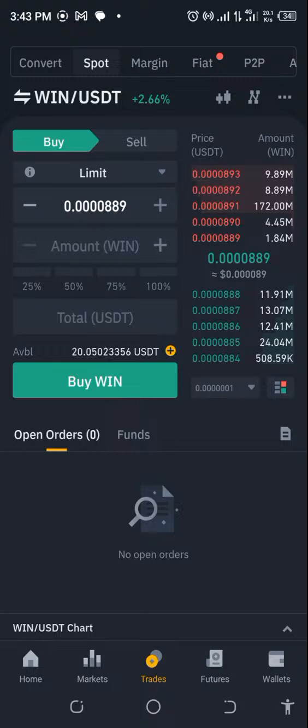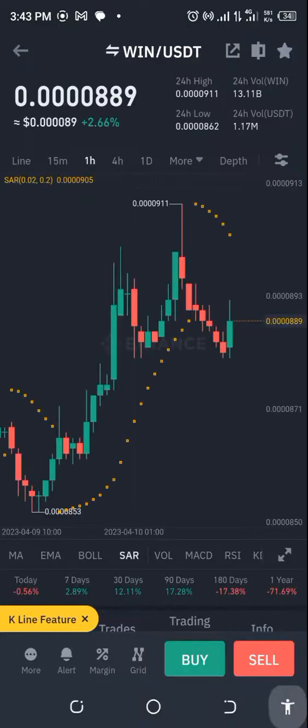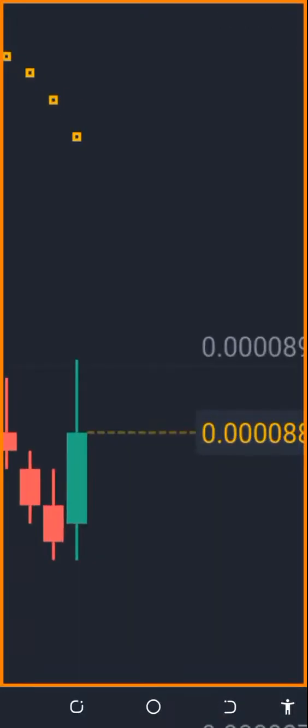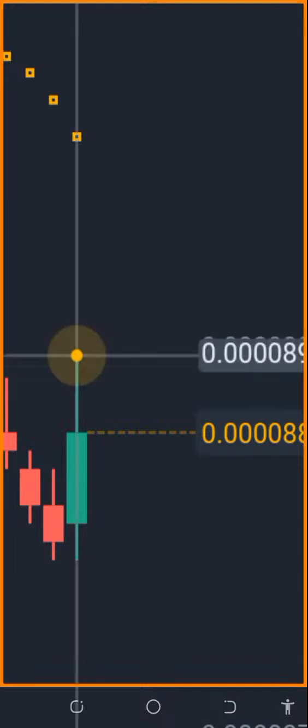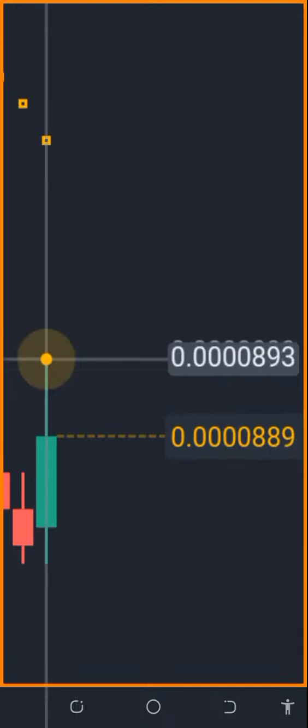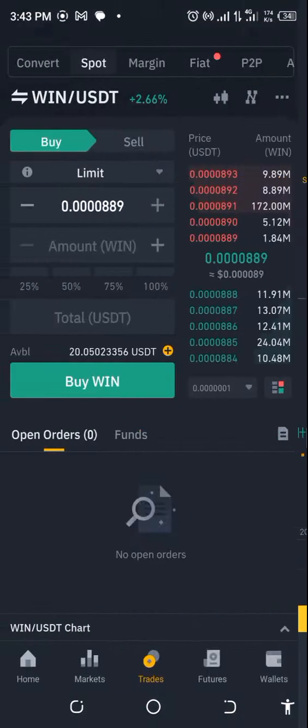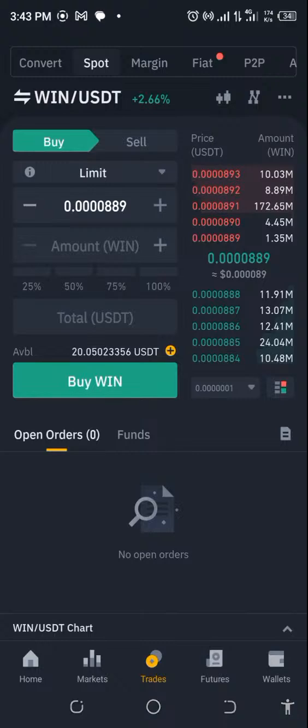So I could decide to do this again or just look for another opportunity. The most important thing here, like I always tell you, is that it was just because I wasn't attentive. If I was attentive, I would have gotten it sold at this higher price. Let me check the price. This could have been sold for probably, I could have made maybe 8 cents instead of this 5 cents.